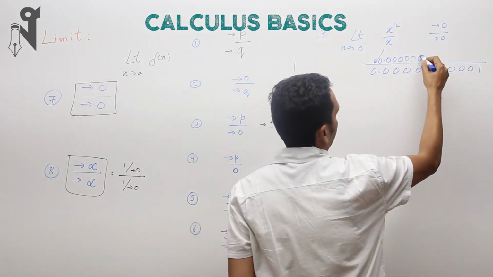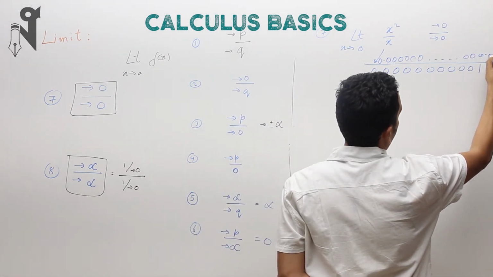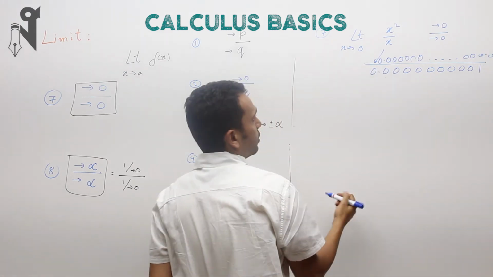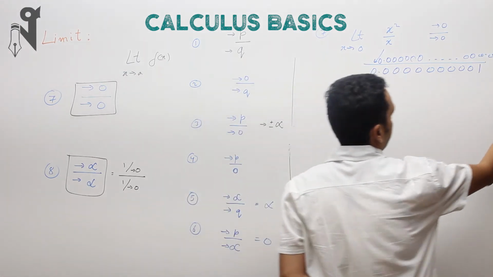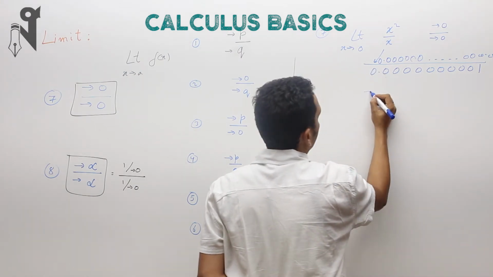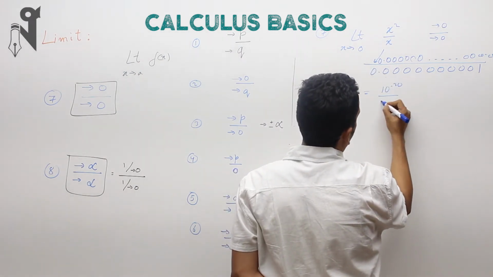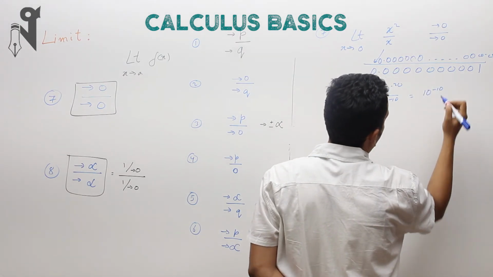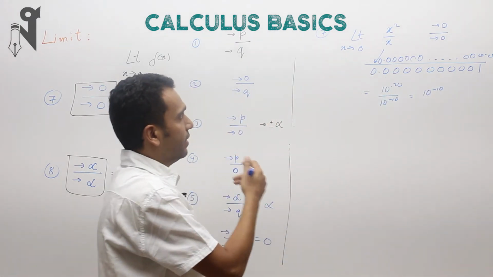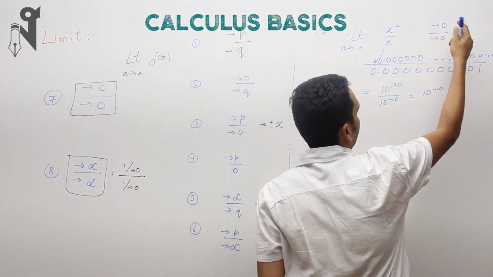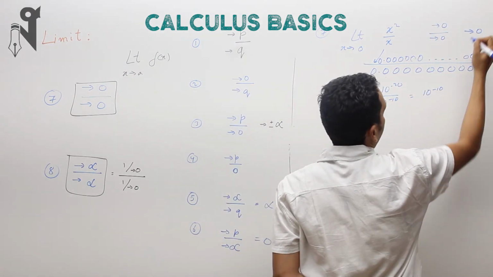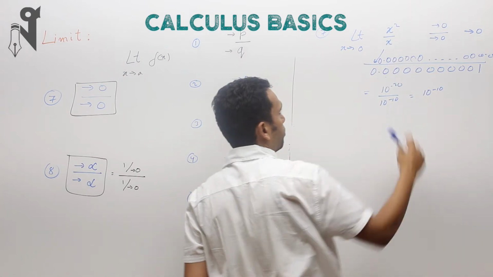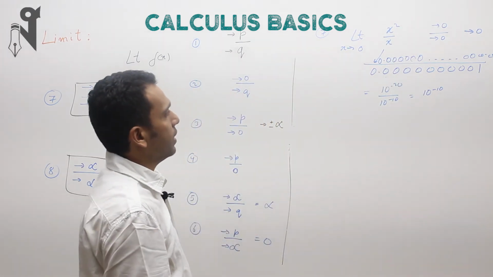So you'll have 19 zeros and a 1. So even on doing the division, which is 10 power minus 20 divided by 10 power minus 10, you'll be still left with a very small number, which is 10 power minus 10, and hence we know that the answer for this will still be tending to 0, because the upper one is a much smaller number than the lower one.